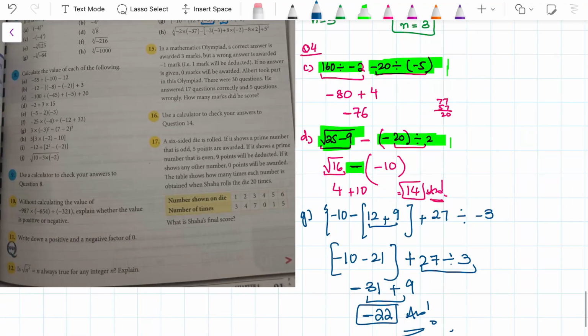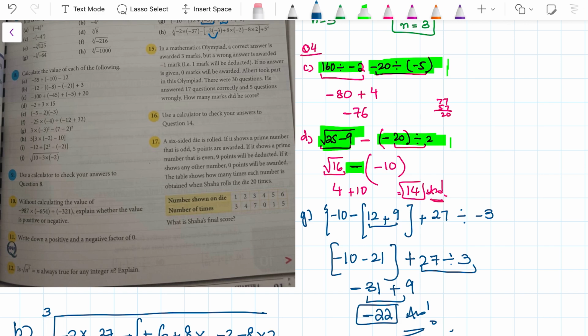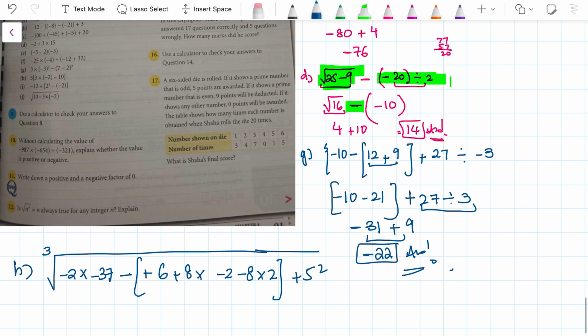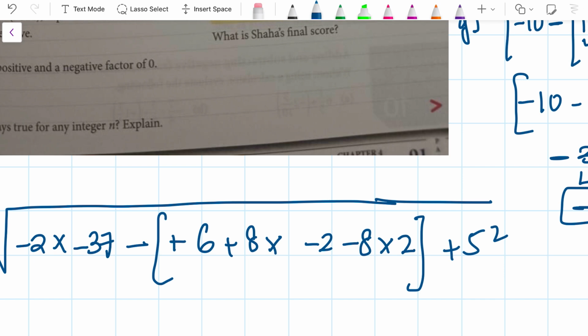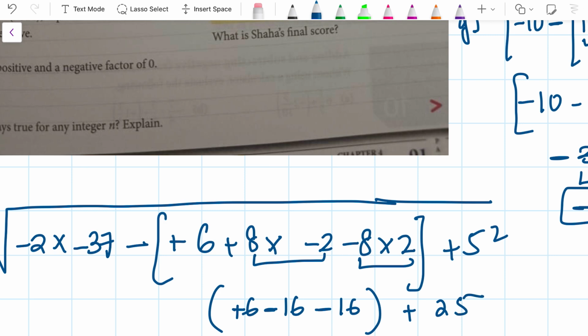Let's look at the H part, which is the last part. There's a cube root on it. Minus 2 into minus 3 is a plus 6. Let's solve it. I copied down most parts of the questions. Okay, 8 into minus 2 is a minus 16. Minus 16 plus 6 plus 25. Minus 2 into minus 37 is going to be a 74.